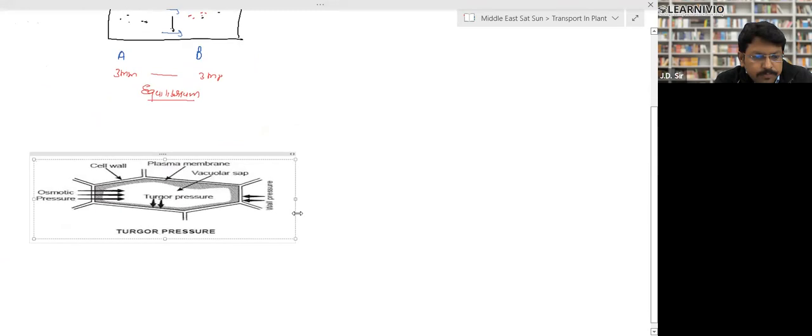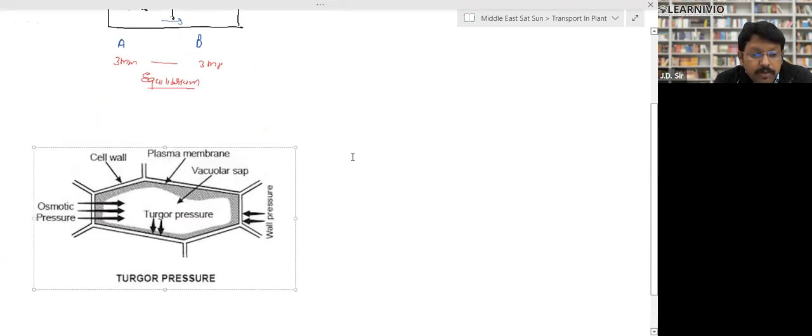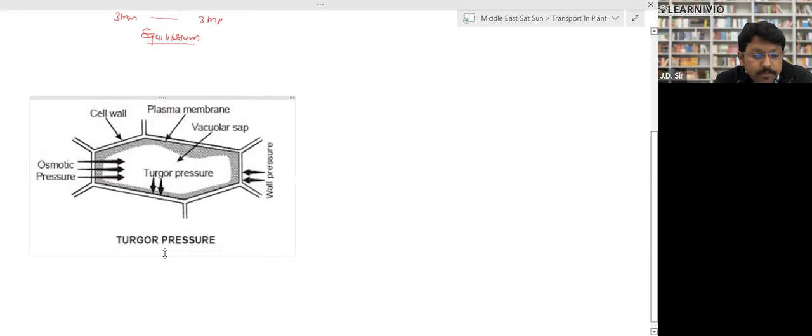Look. Please try to understand this diagram. This is the perfect diagram to explain all these concepts.